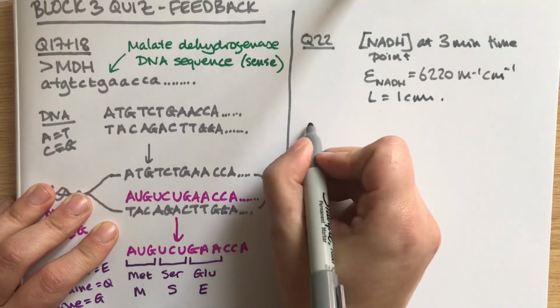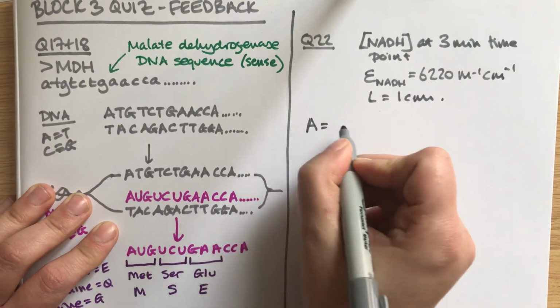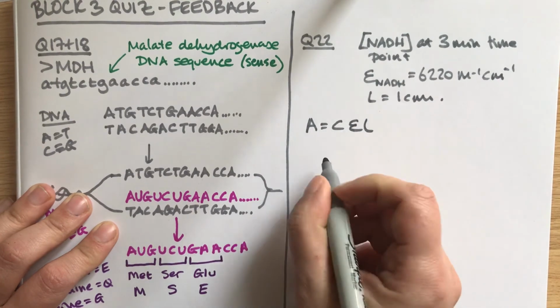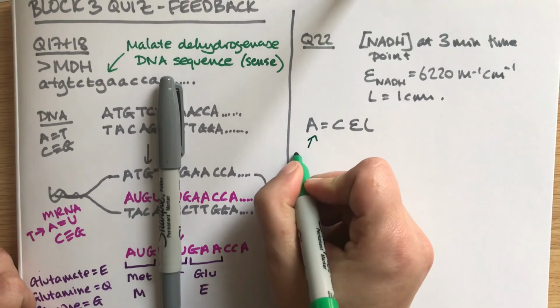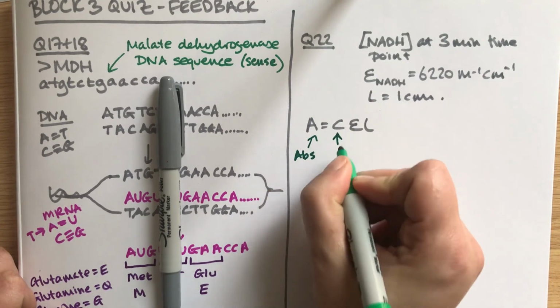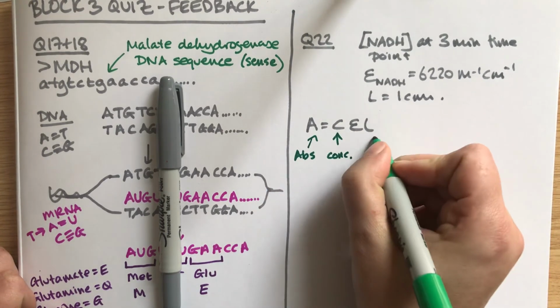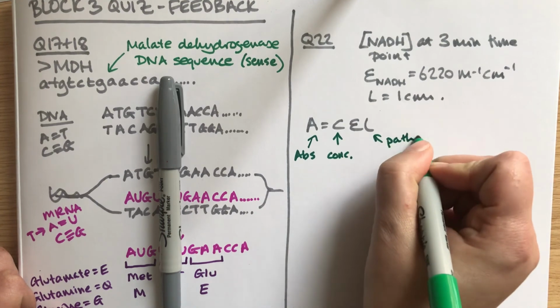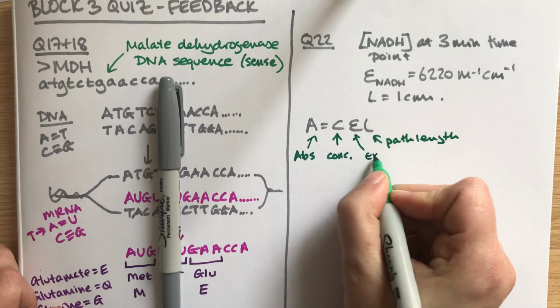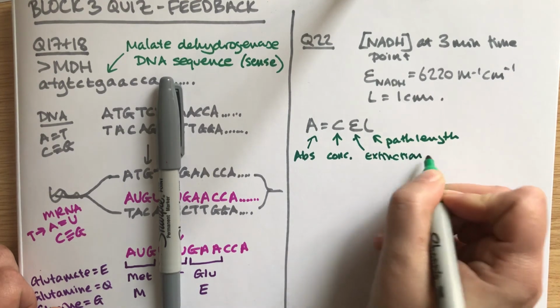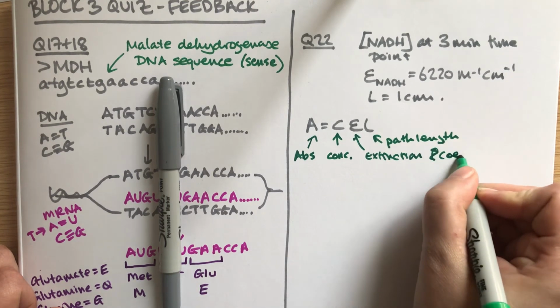So we know that A equals C epsilon L, remembering that A is absorbance, C is concentration, L is the path length, and epsilon is the extinction coefficient, which is basically just a conversion factor.